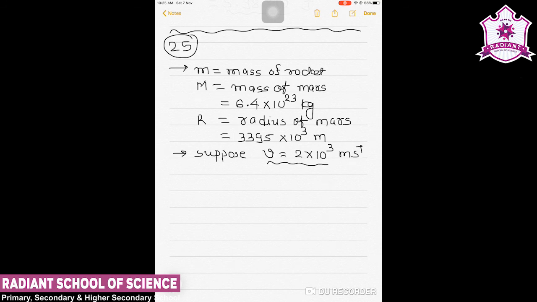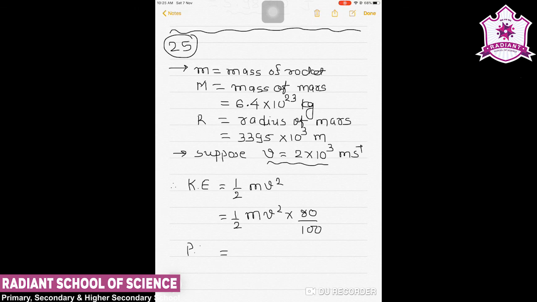So now the initial kinetic energy is 1/2 mv square, of which 20 percent is lost due to Martian atmospheric resistance. So we can say it is 1/2 mv square with 20 percent of it lost, so only 80 percent remains. So kinetic energy will be 80 percent of its original.